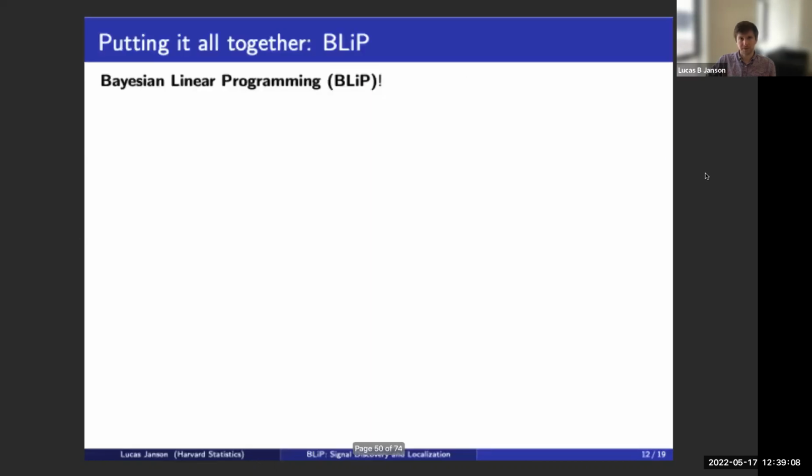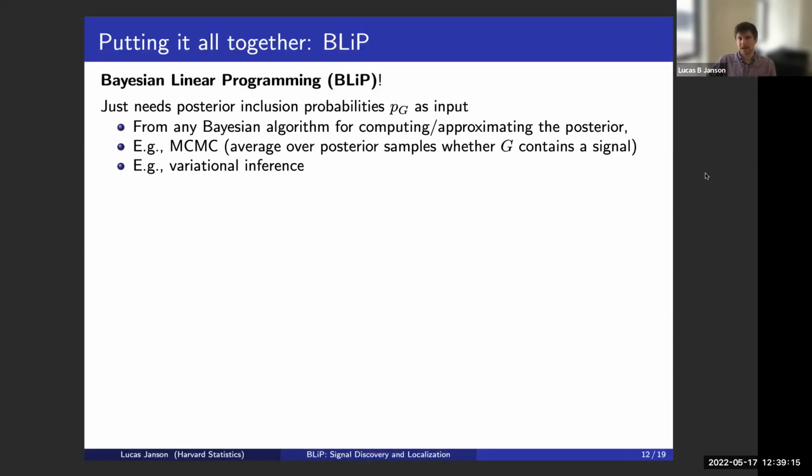Okay, now when we put these things all together, that's what gives us Bayesian linear programming. That's our method. And again, the input is, in some sense, the hard part, which is actually doing the Bayesian inference, for the Astro application, over possible star maps, basically, of where the stars are. This can be done in a number of different ways.